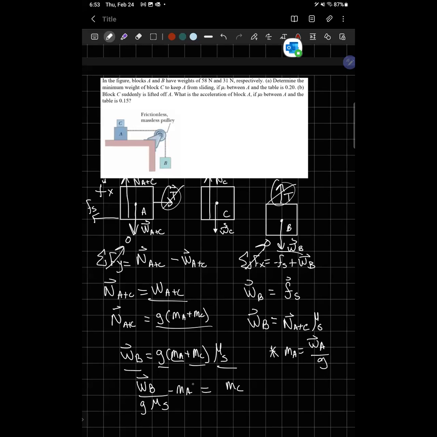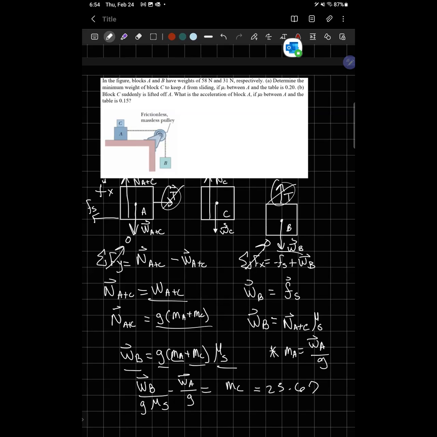I can put that in, so WA divided by G. And from there, it's just a calculator problem. Putting that all in, I got 23.67.